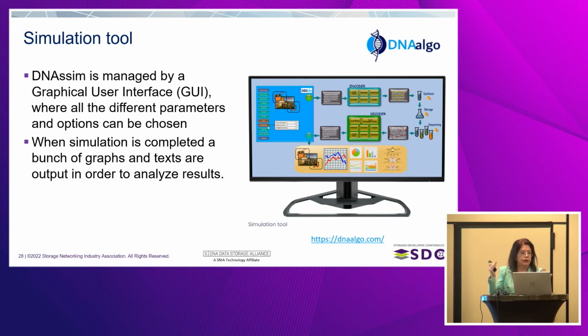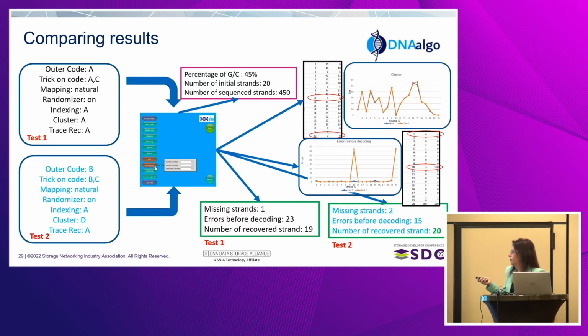So we can add different algorithms, and we can add parameters to those algorithms. And then when the simulation is complete, we have a number of graphs and text in order to understand what happened during the simulation and which is the best synergy between all the algorithms on that specific noise model.